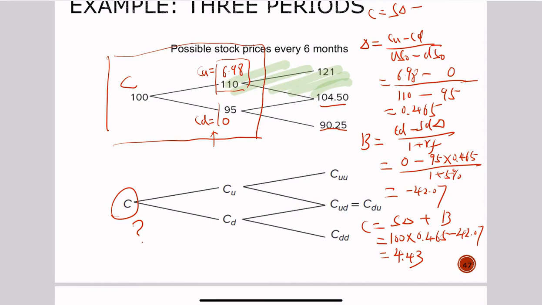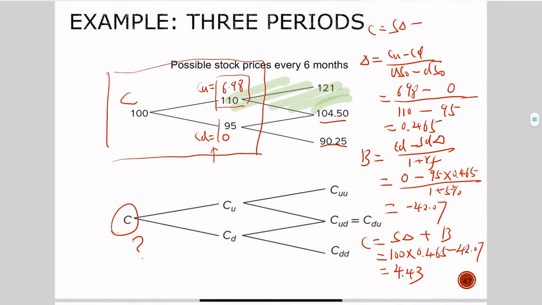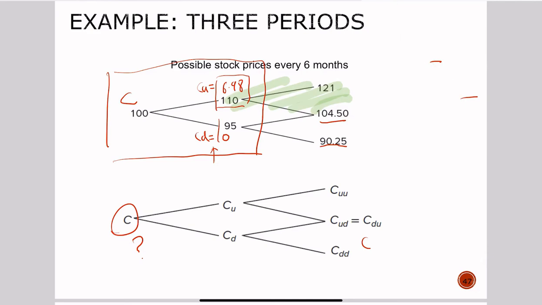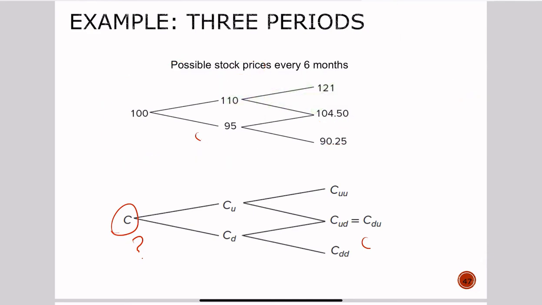Now let's think about the second approach, right? So the second approach is about using this hedging portfolio. If you recall, when we were talking about the hedging portfolio, the first step is to find the hedge ratio, right? So what's the formula for the hedge ratio?